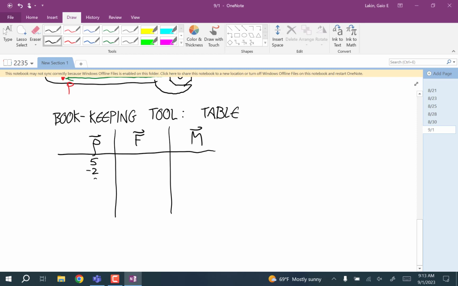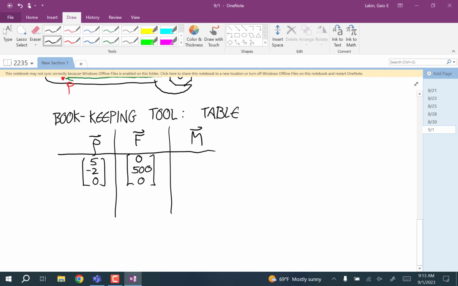And I'm just giving you some arbitrary values. So let's say that the rho vector is 5, negative 2, 0. The force vector is 0, 500, 0. This is a rho vector and a force that are in the xy plane.